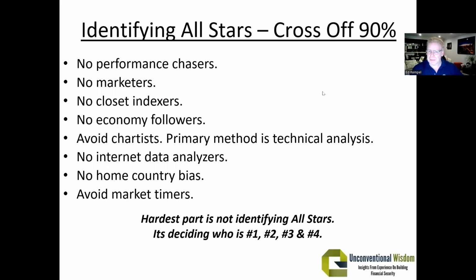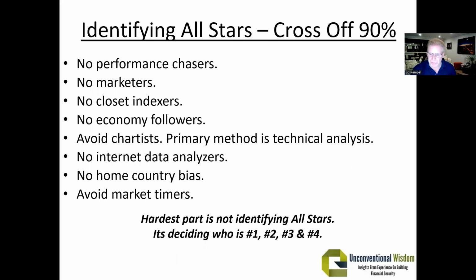So how do we find these guys? We've been working on this method for 30 years, how to do it. And there's kind of a couple steps. One is, if you look at all the different fund managers out there, it's actually quite easy to cross off 90% of them. It's just like if you're trying to pick the all-stars in hockey, it's pretty quick to come down to, let's say, 50 that are the best.